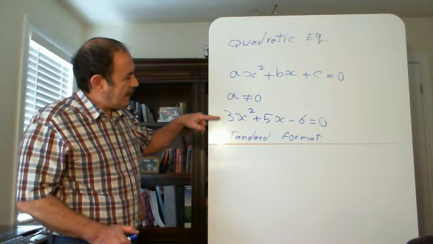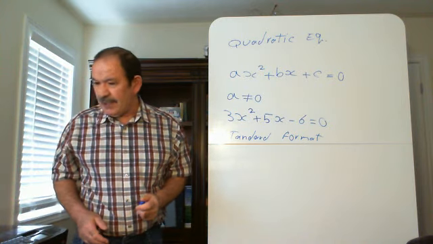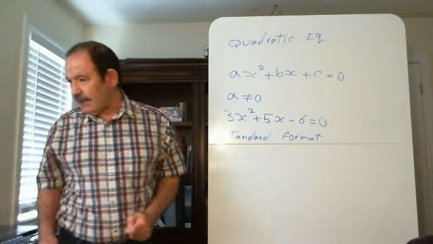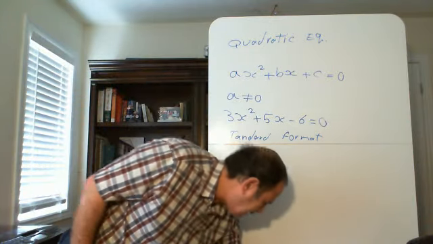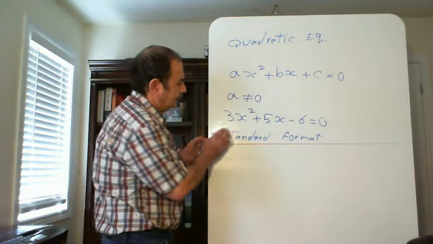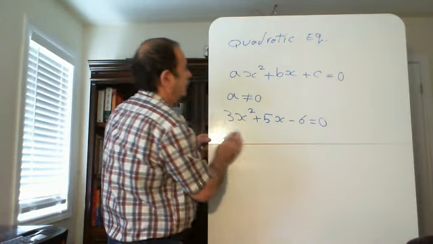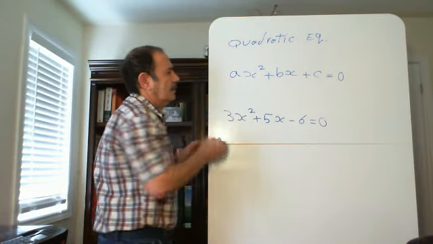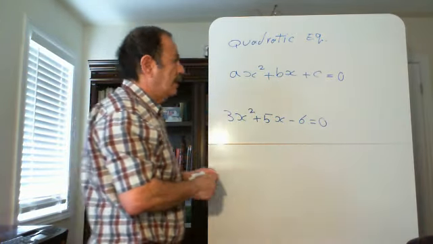If I want to compare this 3x squared, where is my eraser? Let's see. I will write this, a shouldn't be equal to 0, on this side.